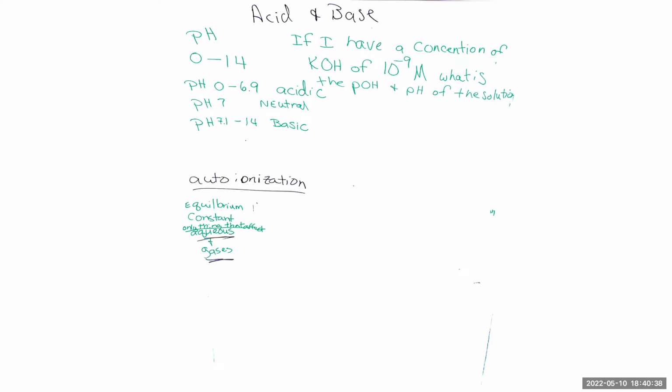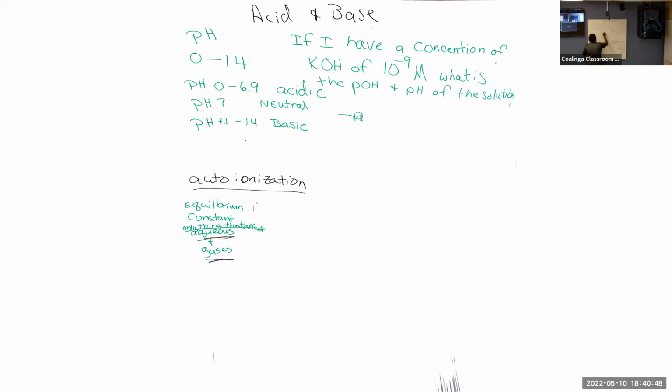So you would start with the OH negative equals 10 to the negative 9 molarity. Okay. So pOH equals negative log 10 to the minus 9. Plug that in, you should end up with 9.